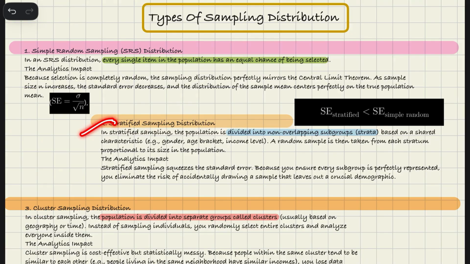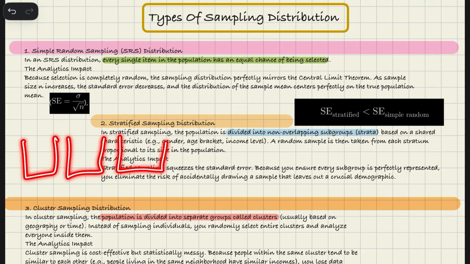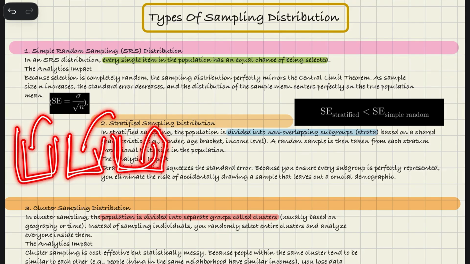So instead of leaving representation up to random chance like we did in the lottery drum, we take control. We divide the population into mutually exclusive groups based on different characteristics, for example age, gender, or income. And then we draw the sample from each of these buckets, each of these individual groups.